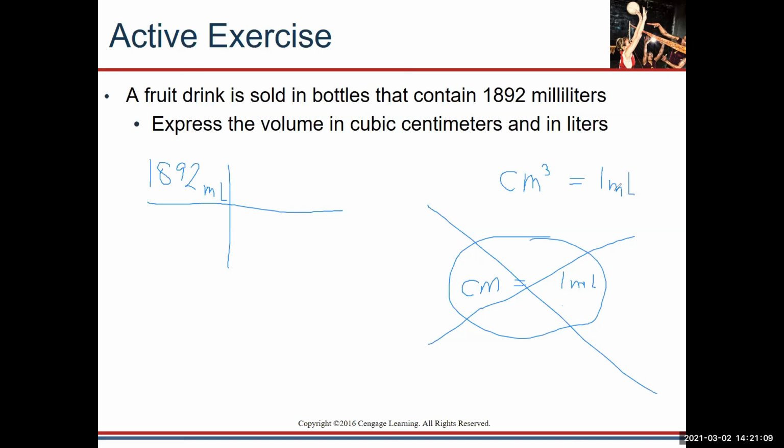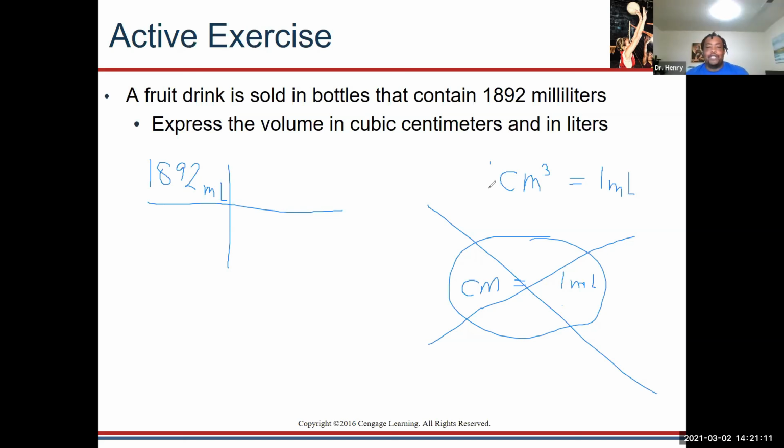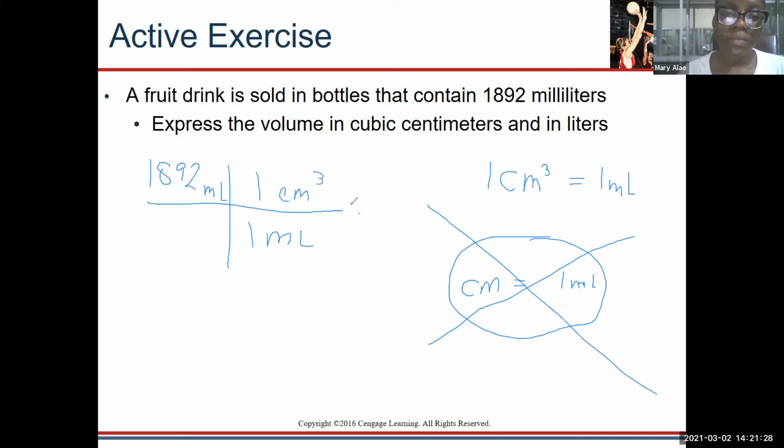That is correct. So they're exactly the same. They're both 1. So if I want to change this into cubic centimeters, just to show you, 1 ml is 1 cubic centimeter. Okay.